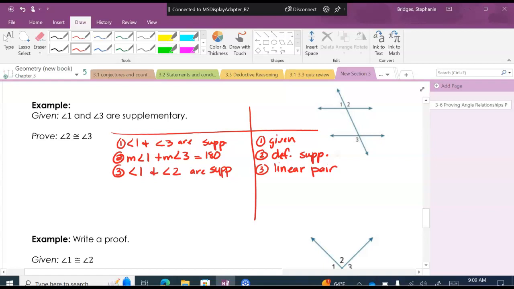And then much like we did with 1 and 3, if I say that angle 1 and angle 2 are supplementary, what should I be able to say they add to equal? And that's the definition of supplementary, again, we already used it in step 2.